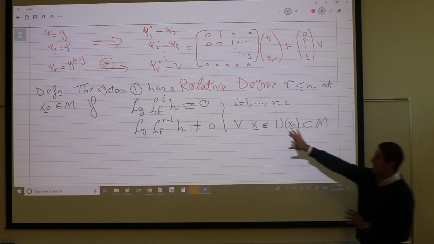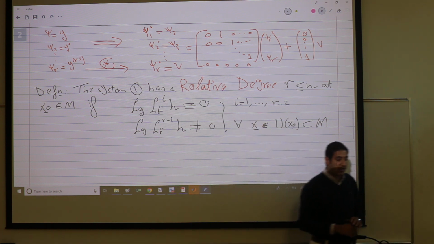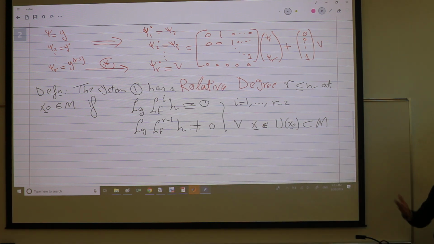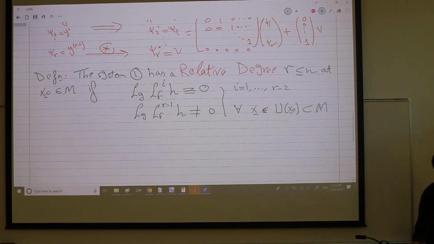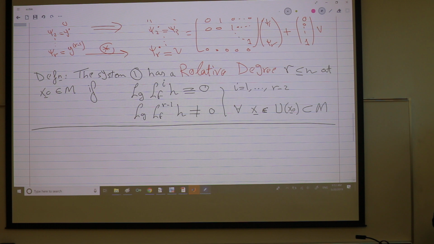If we have this, we say the system has a relative degree r, and then we can do input-output linearization. Any questions so far? Any question? Let's give a super simple example to illustrate the idea of the relative degree. So this is a mass spring damper system.